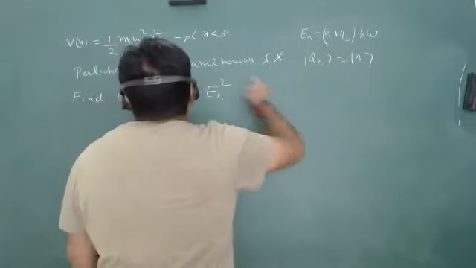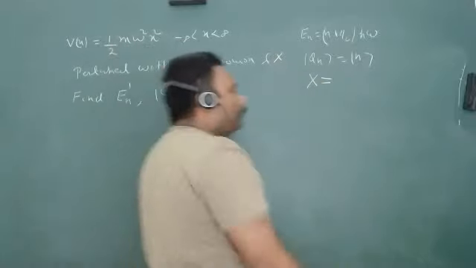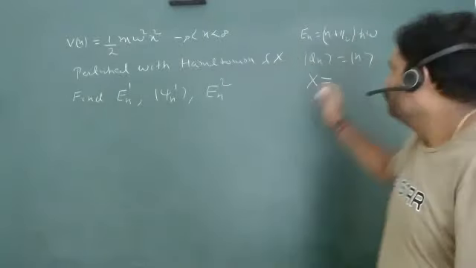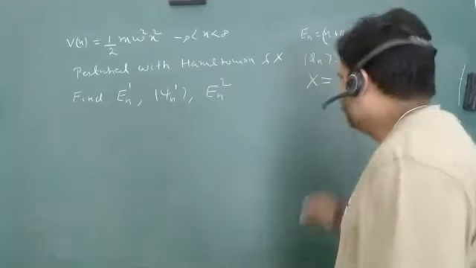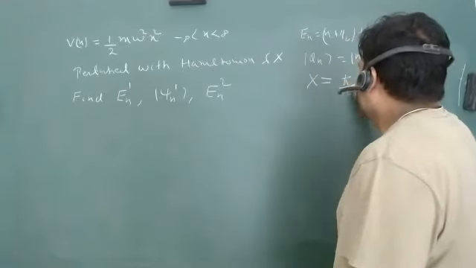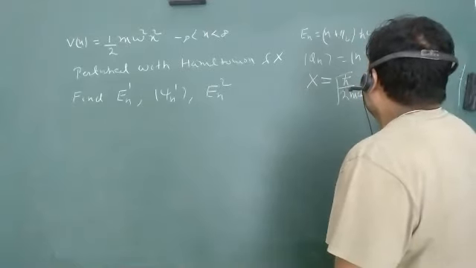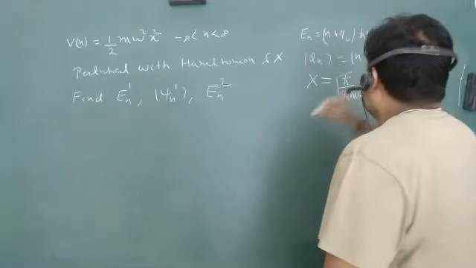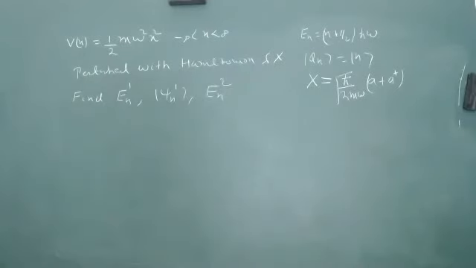And what will be your x? This is the perturbation. If I am using the n ket, what will be this x? This x is root of h cut upon 2m omega, a plus a dagger. Remember, we have done this thing in the harmonic oscillator.